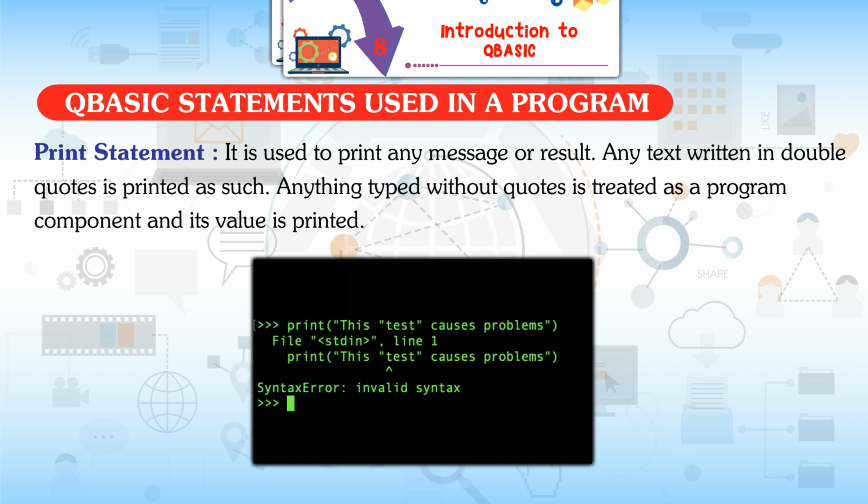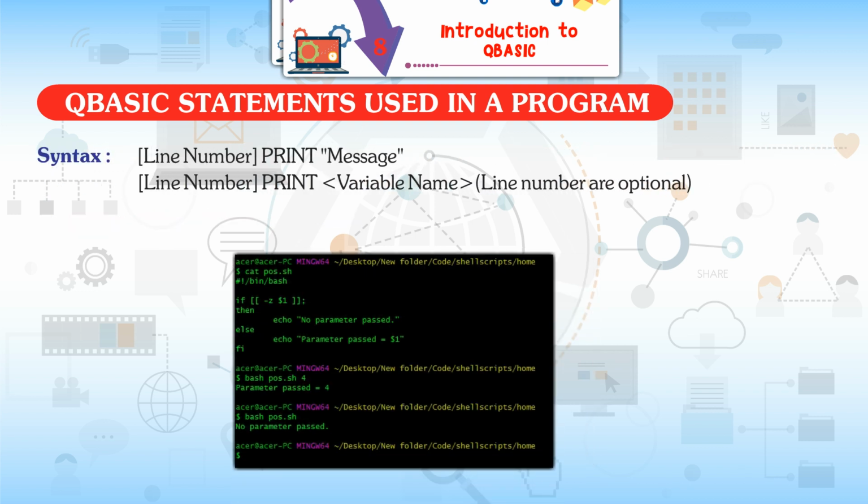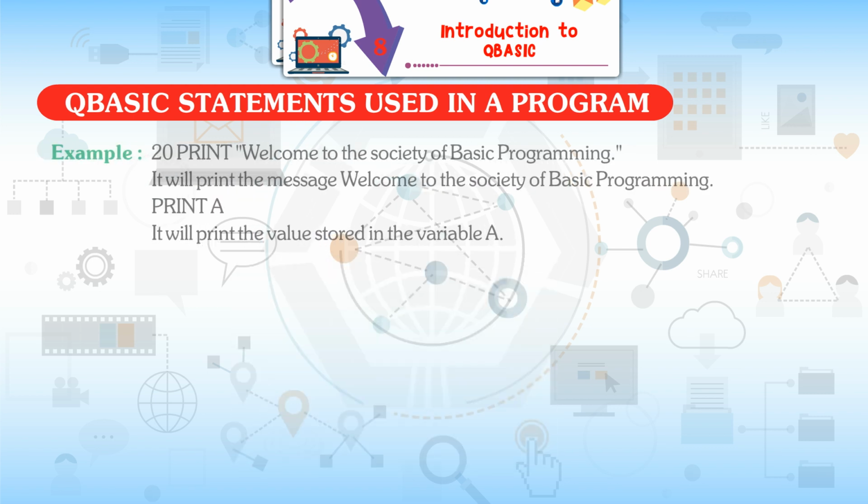PRINT statement. It is used to print any message or result. Any text written in double quotes is printed as such. Anything typed without quotes is treated as a program component and its value is printed. Syntax: line number, PRINT, message in double quotes; line number, PRINT, variable name. Line numbers are optional.